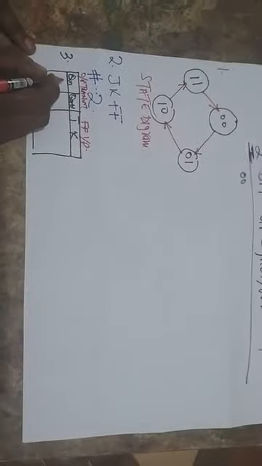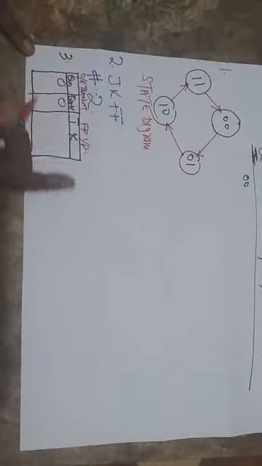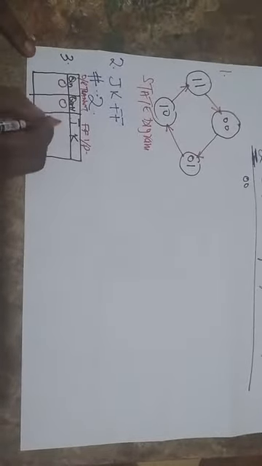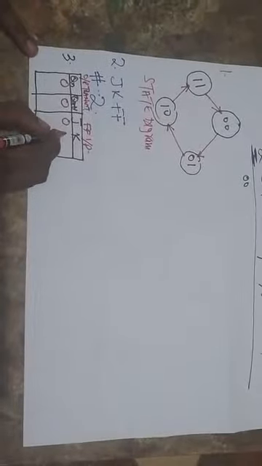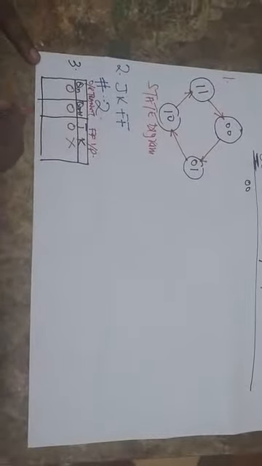So if the present state is 0 and the next state is 0, for a JK flip-flop, J will be 0 and K will be don't care. This we have done in class, so you don't have a problem. If the present state is 0 and the next state is 1, J is equal to 1 and K is don't care.